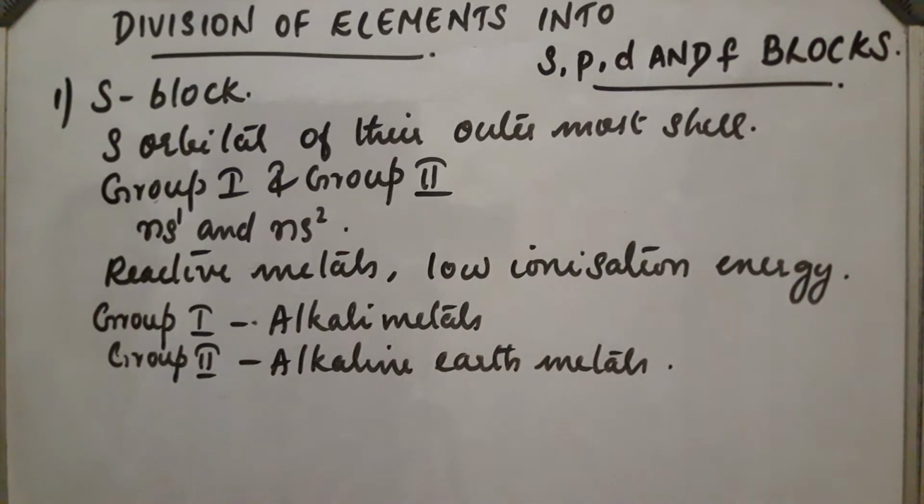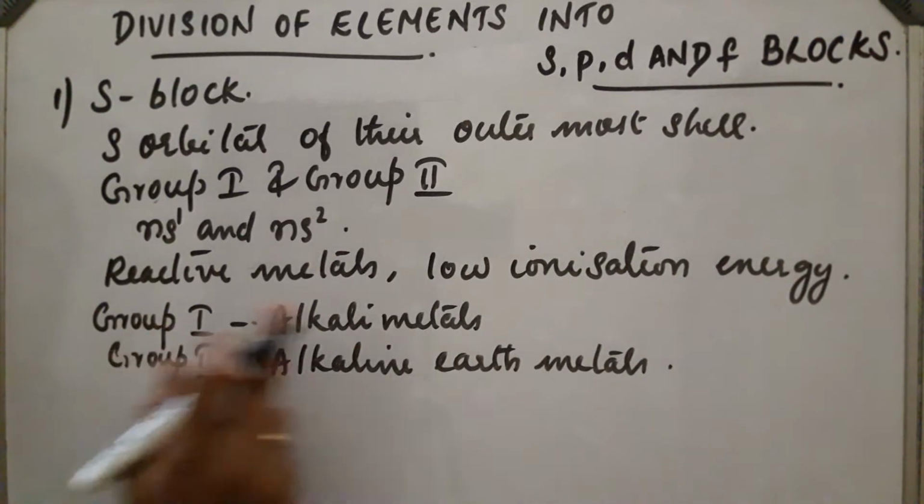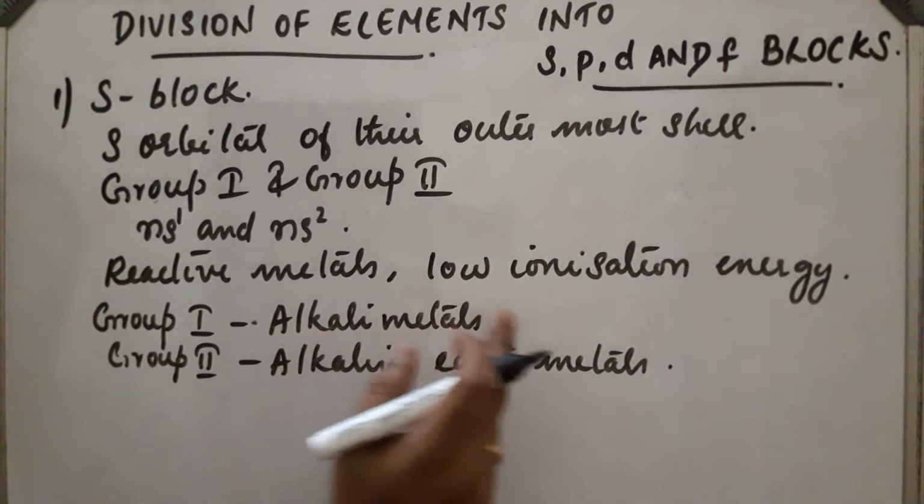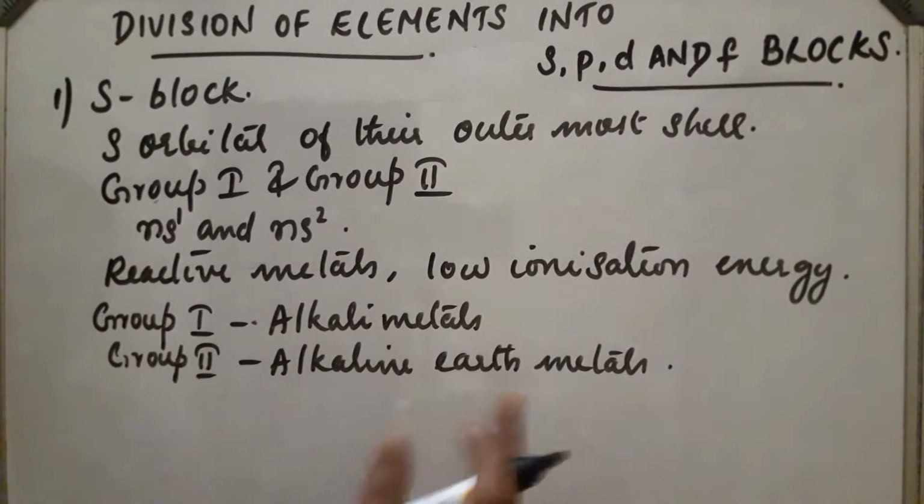In the case of group 1, they release one electron and form +1 ions, and group 2 release 2 electrons and form +2 ions.